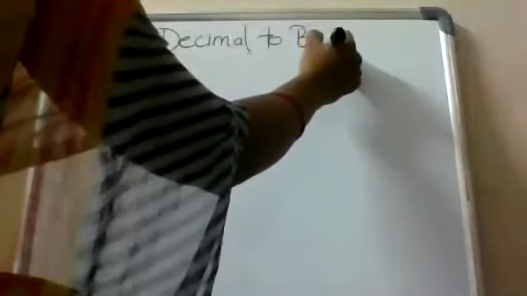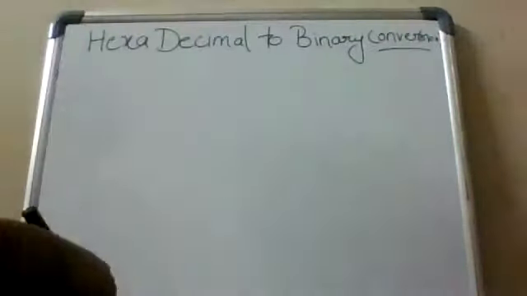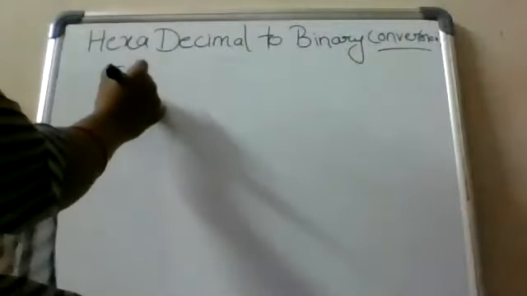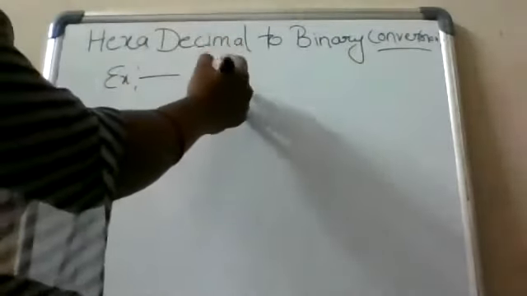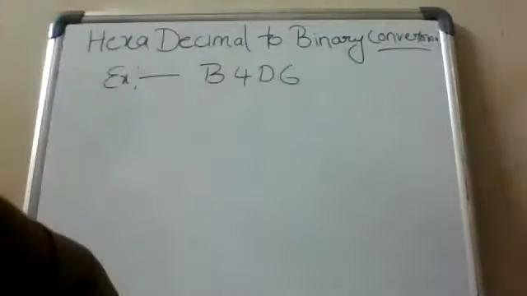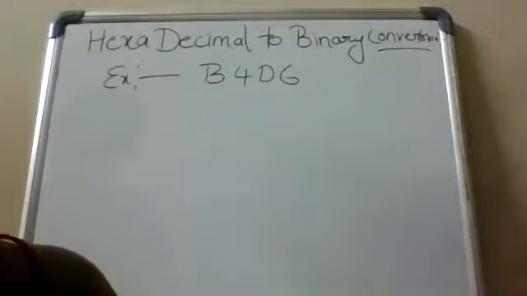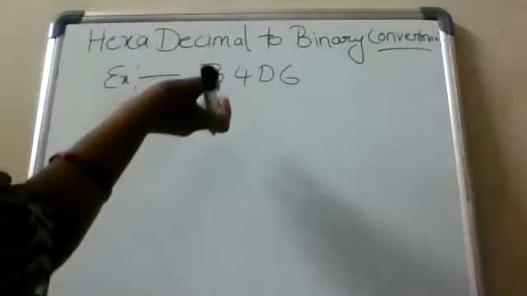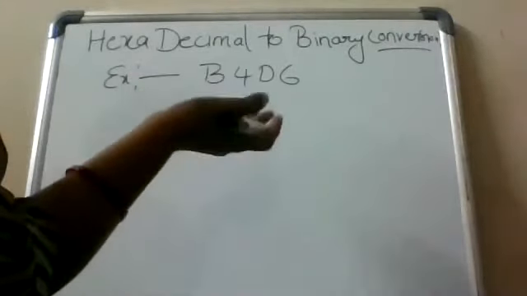Hexadecimal to binary conversion. For example, in the hexadecimal system we have A, B, C, D, E, F also.